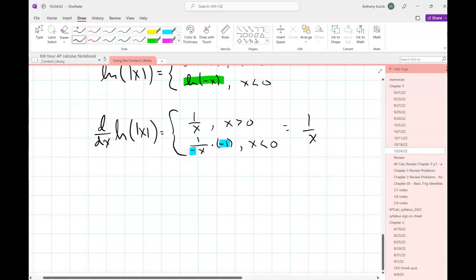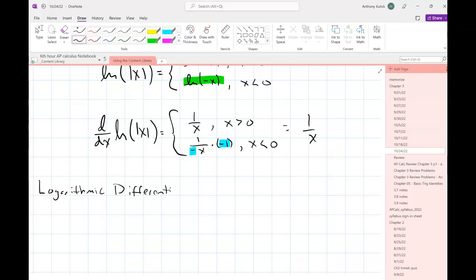One last topic in section 3.6 here. And that topic is called logarithmic differentiation. So what logarithmic differentiation is, it's a trick where I can make the calculus part for certain kinds of derivative problems easier, but often at the sacrifice of making the cleanup algebra at the end a little bit more difficult.